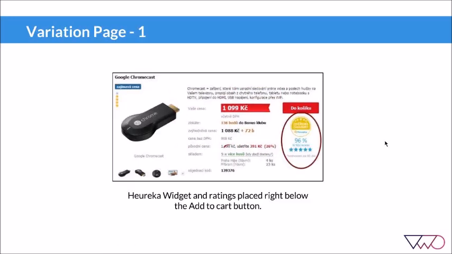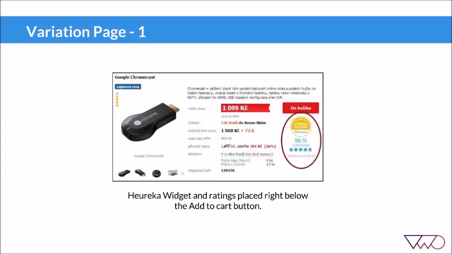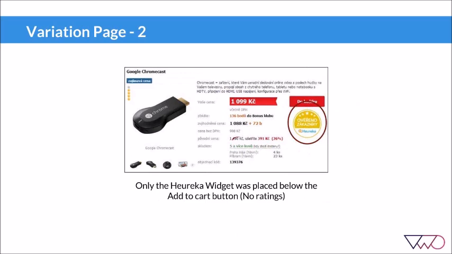So when you look at variation 1, the Heureka widget was added right below the add to cart button. In variation 2, only the badge, only the Heureka badge was added, and the other information like 96% and the star rating was not included.